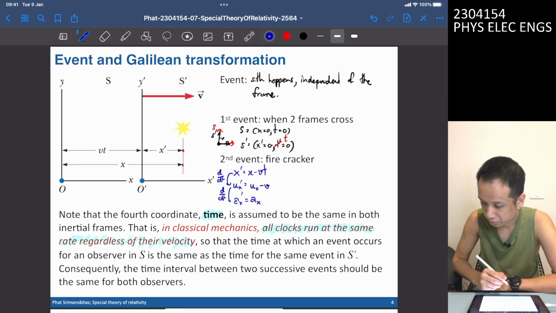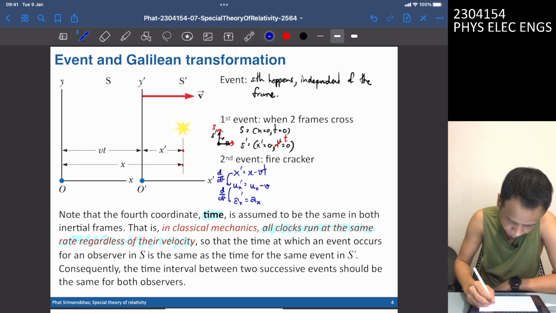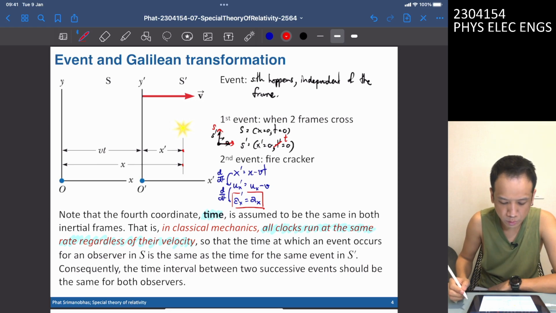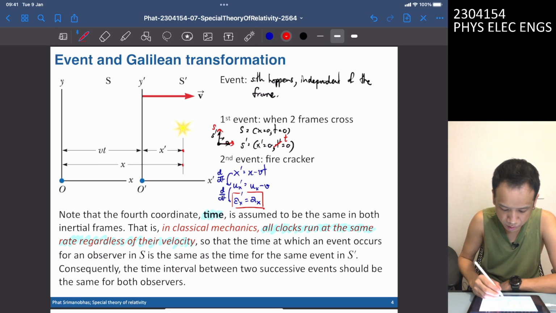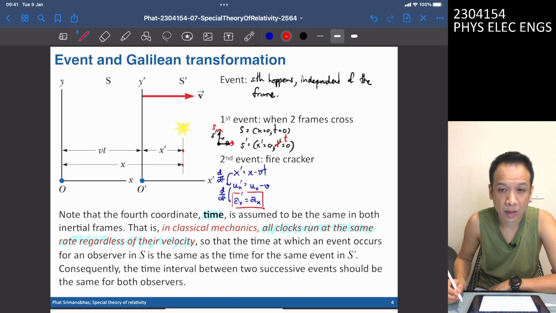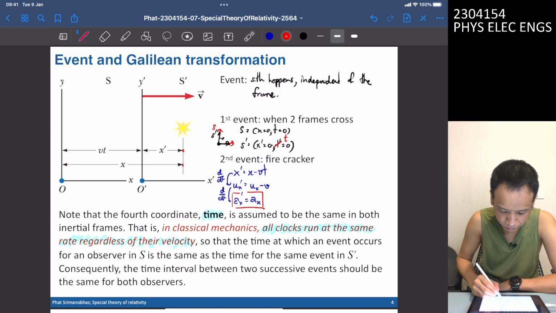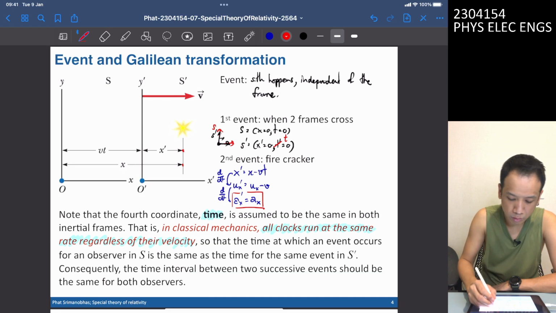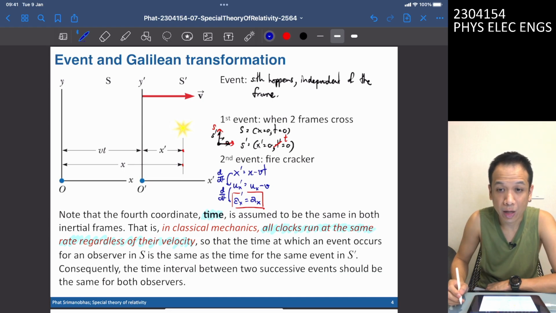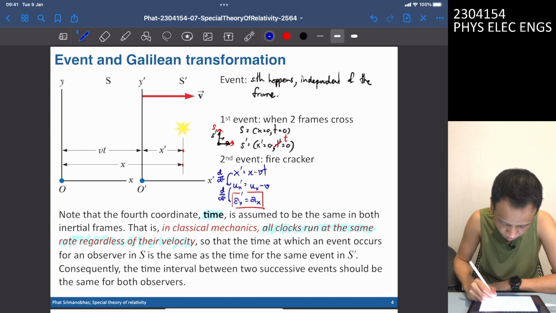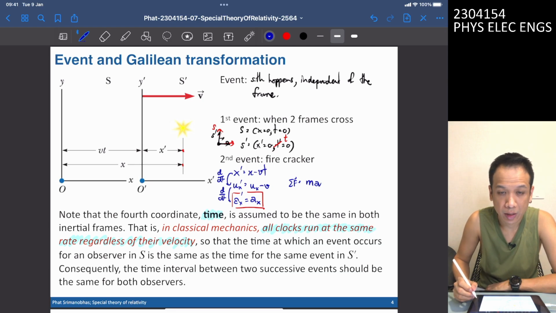So in the Galilean transformations between two inertial frames, you see that you have a in the S frame equal to a prime in the S prime frame. What does it mean? It means that you have the same force, because the force is equal to m times the acceleration, right?